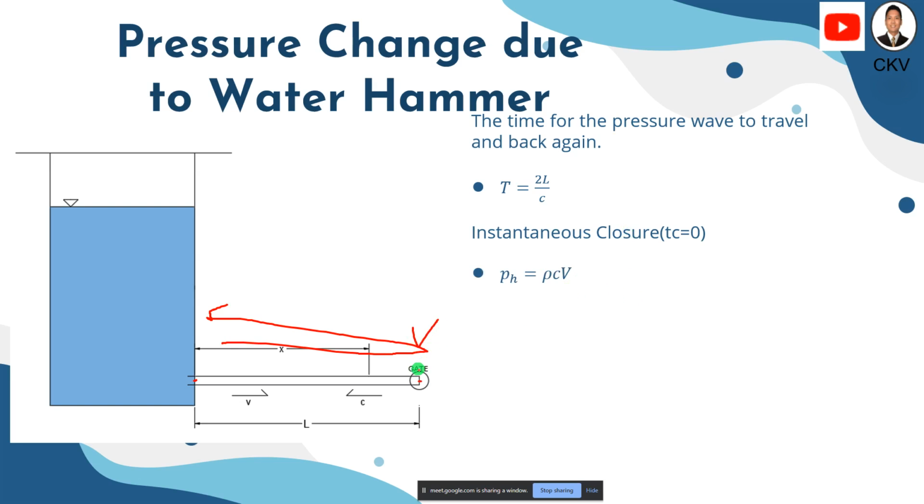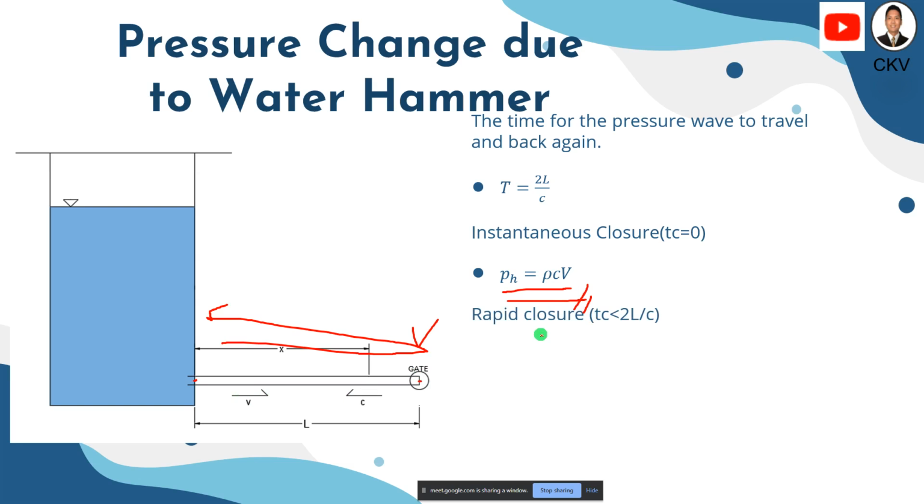So we immediately close the gate or the valve. The pressure change due to the water hammer is computed using rho C V, where rho is the mass density of the fluid, C is the celerity, and V is the initial velocity of the fluid along the pipe.